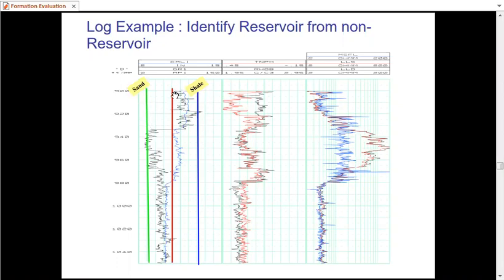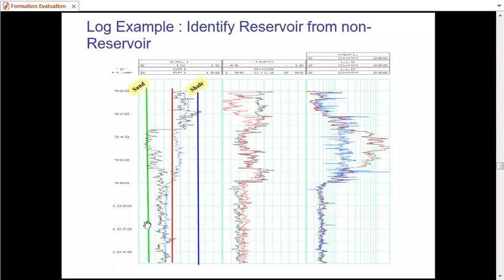And you have to draw a straight line in the middle value or the average value for the gamma ray log. This is the very first step to identify the reservoir formation and the non-reservoir formation.